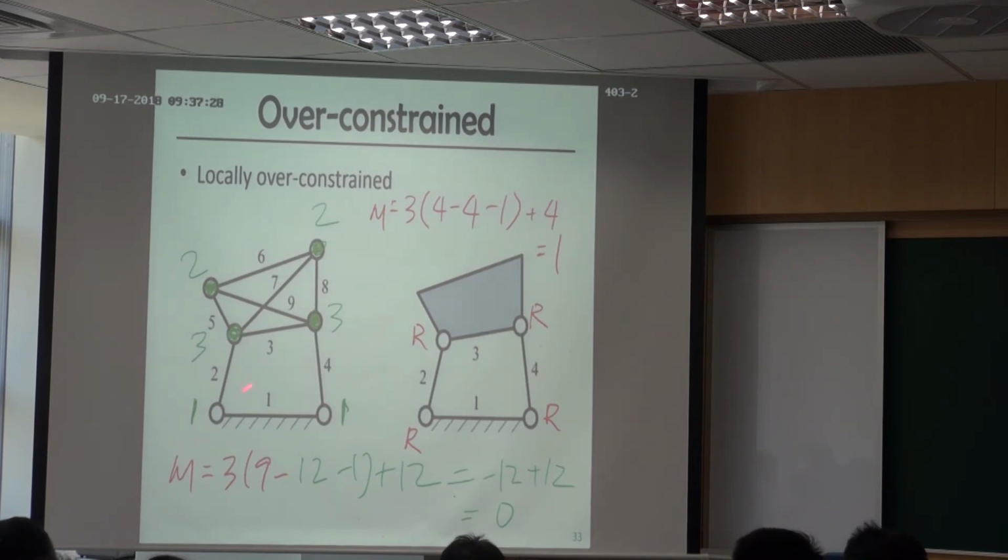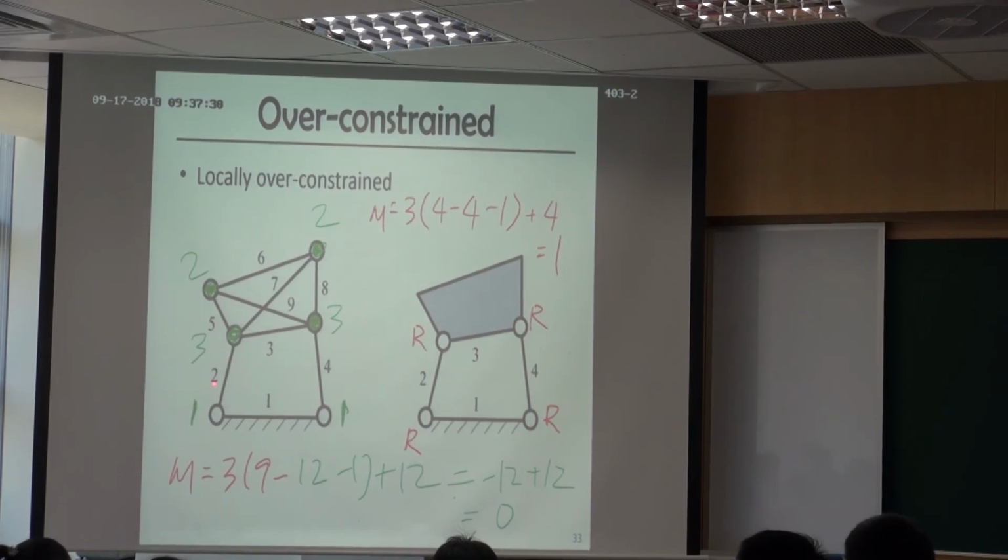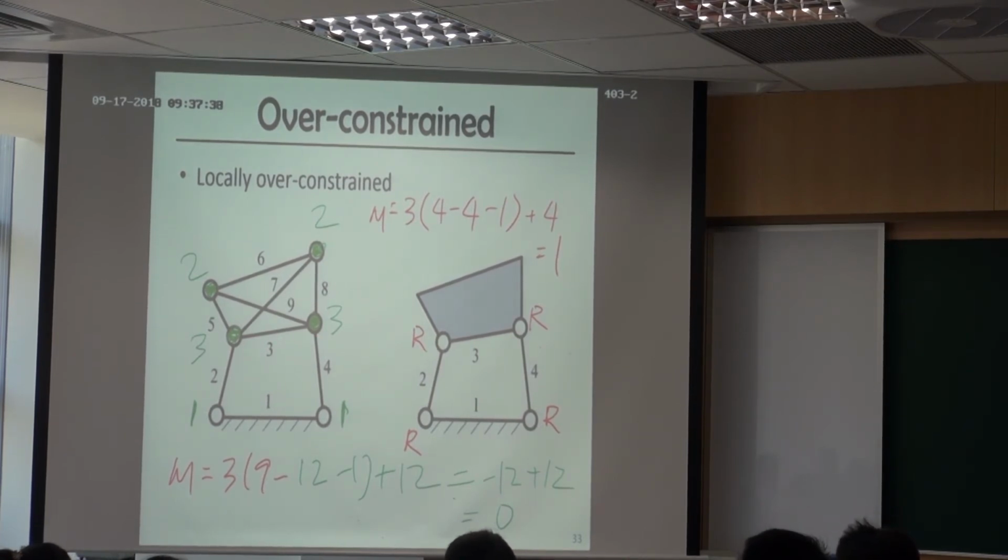But actually it's movable. We can move this bar 2 and this bar 4 will also move correspondingly, and this top bar, this coupler, will also move correspondingly. So again, if we use the equation to calculate mobility, we'll find the incorrect answer in this case.